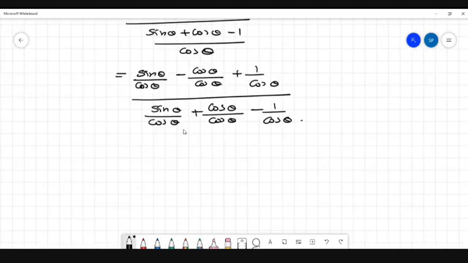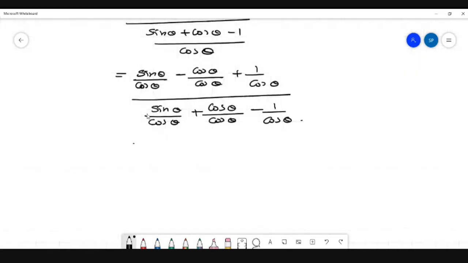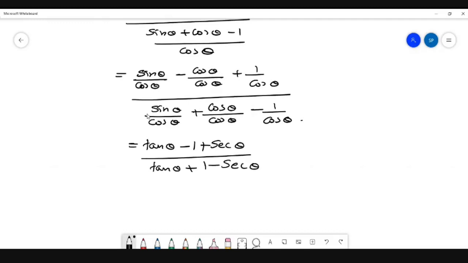Now sin theta by cos theta, we know it is tan theta, minus cos theta by cos theta, 1. 1 by cos theta we have sec theta, divided by again tan theta plus 1 minus sec theta.